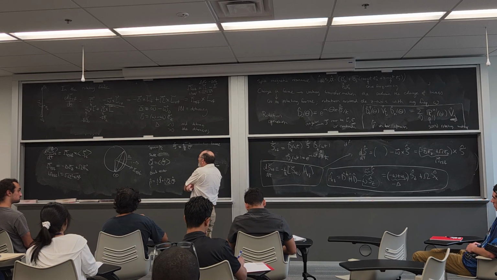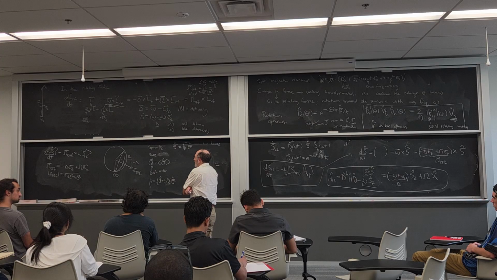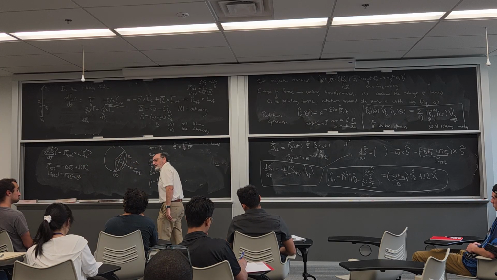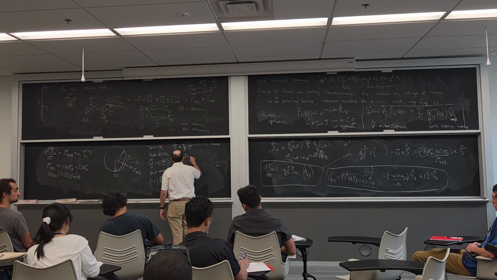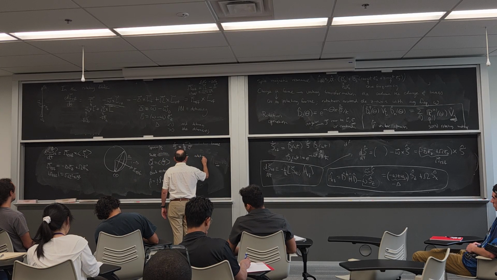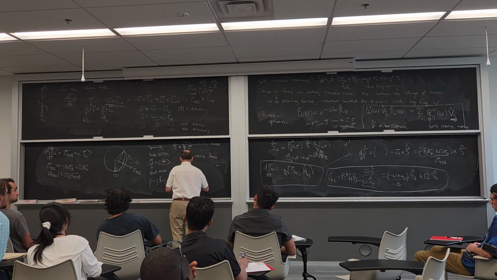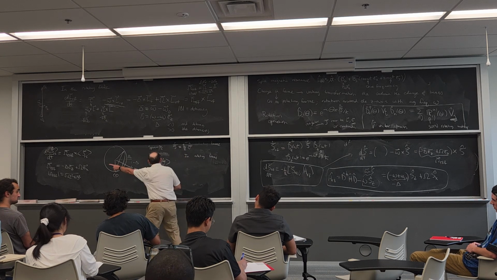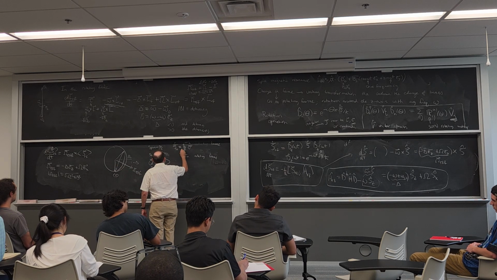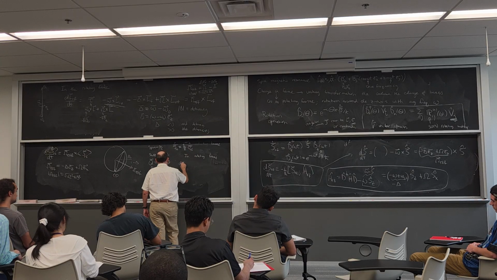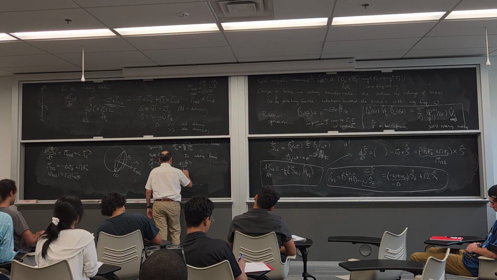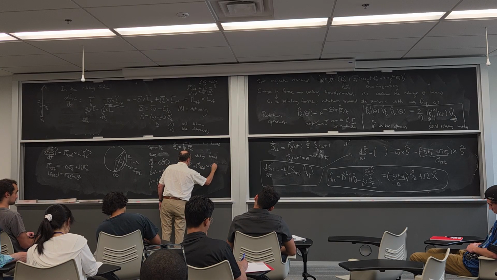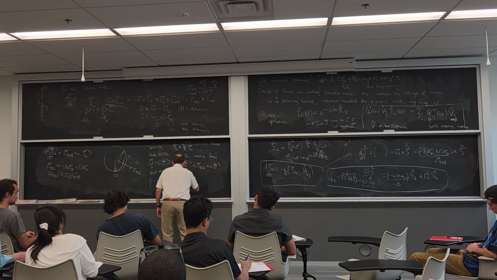So what happens to the Bloch vector as a function of time? Well, this equation tells us in the rotating frame, because I now can write both things in the rotating frame, that the Bloch vector just precesses.